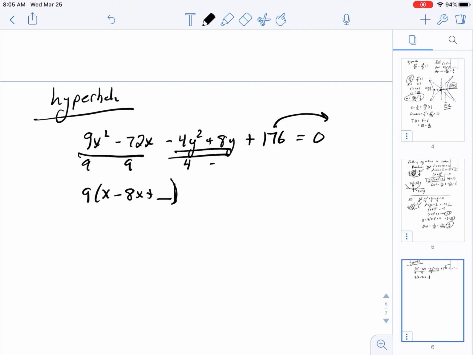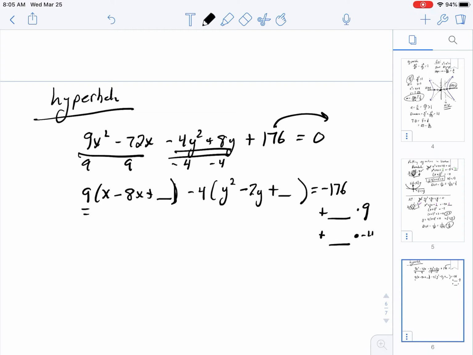Here, divide by -4. So what you have then outside, -4, and you have y squared minus 2y plus blank. Then you have -176. And I'm going to be out of room here, so plus blank. But I'm going to have to multiply this by 9, because that's the scalar over here. And then another one here, blank, times -4 because of that value there.